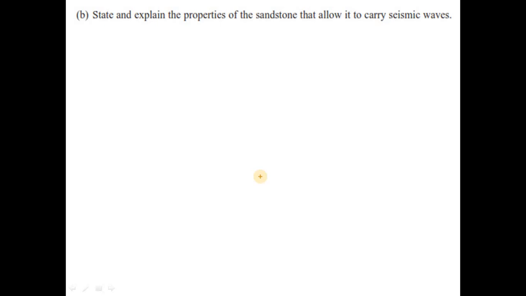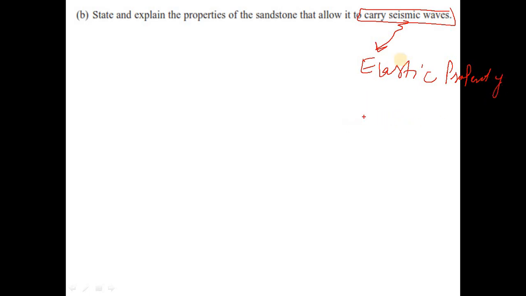State and explain the properties of sandstone that allow it to carry seismic waves. Carrying a seismic wave means the medium has elastic property, because sending waves is a behavior where some particles take energy and go forward, transfer energy to the other particle, and then go back to the original position to take more energy.